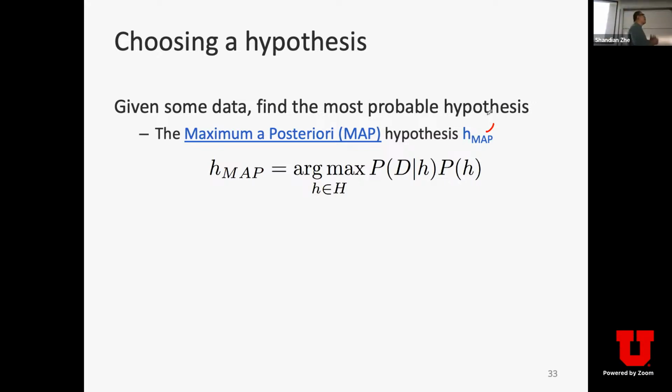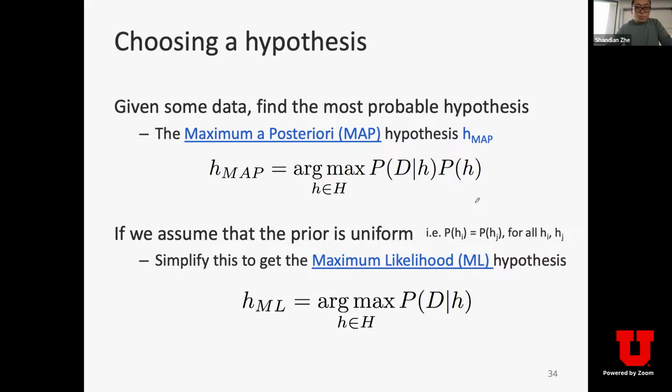But there could also be scenarios where you don't have any prior preferences over the hypotheses. As we mentioned, in that case, a commonly used approach is to assume P of H is uniform, in other words equal: before we see any data, every hypothesis has an equal chance to be the true concept. In that case, P of H is proportional to a constant. Then, if we want to find the best hypothesis, we only need to maximize the likelihood.